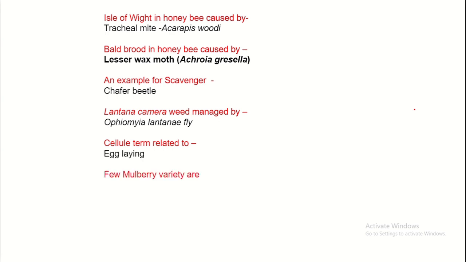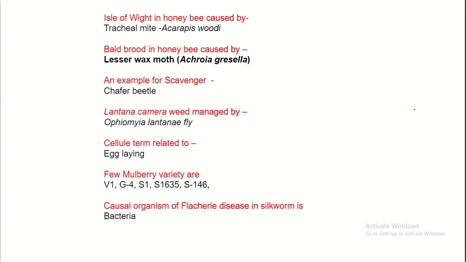Lantana camara weed is managed by Ophiomyia lantanae fly. Few mulberry varieties are V1, G4, S1, S1635, S146. Causal organism of flacherie disease in silkworm is bacteria.